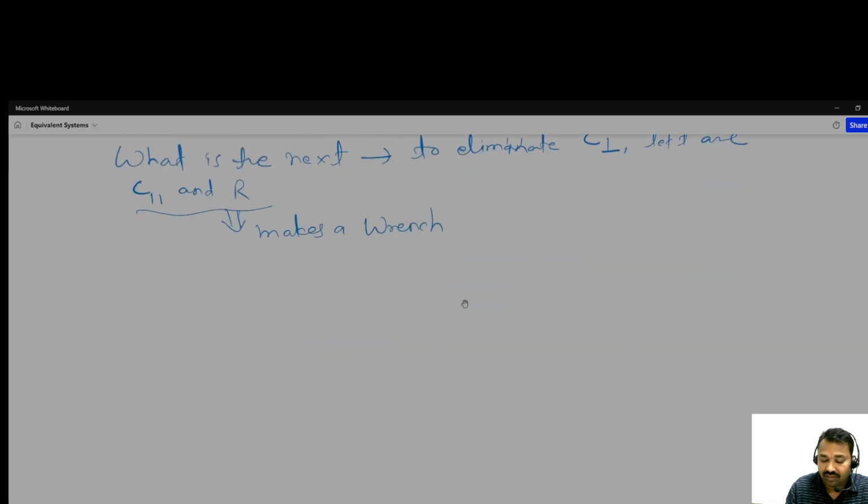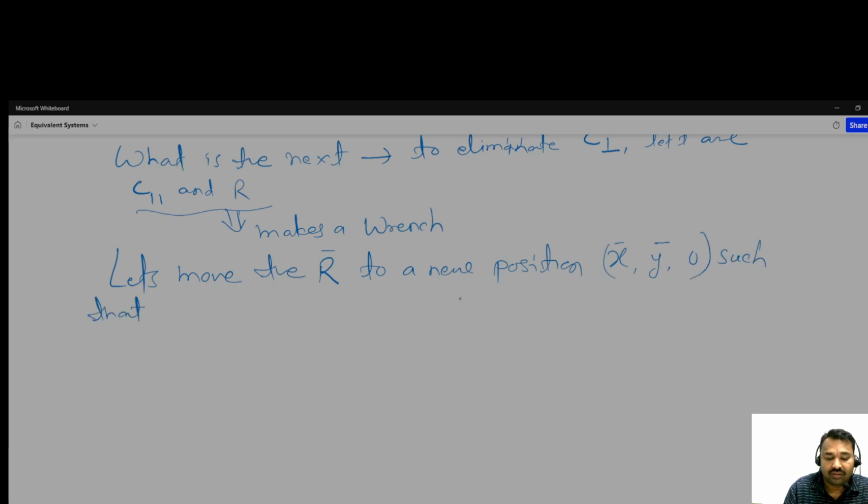So what we do is move the resultant R to a new position, say x, y and 0, such that C perpendicular gets eliminated. Why only x, y, why not z? There is one condition.